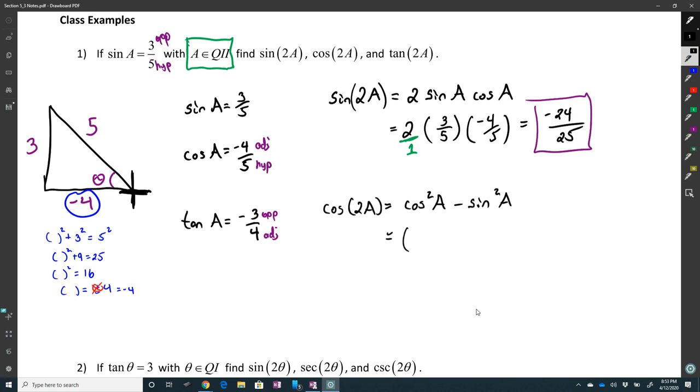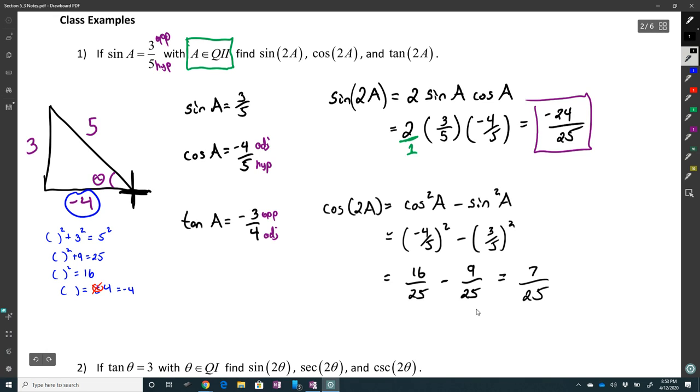Cosine is negative 4/5, squared, minus sine squared, which is 3/5 squared. This gives me 16/25 minus 9/25. 16 minus 9 is 7/25. All right, so that's sine and cosine of 2A.